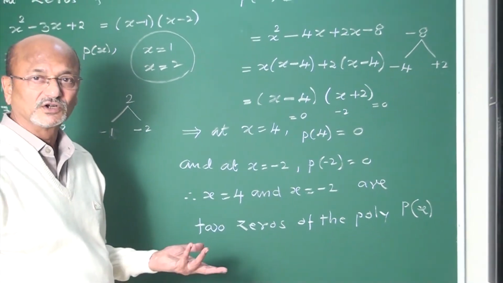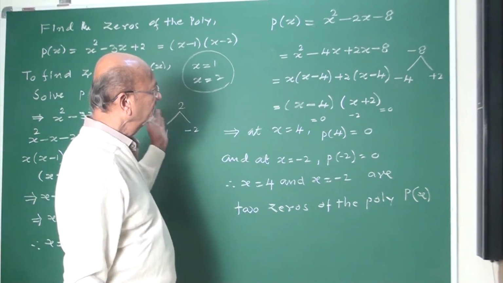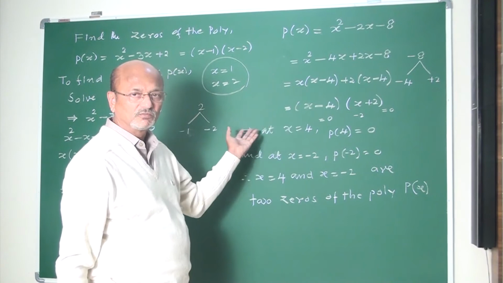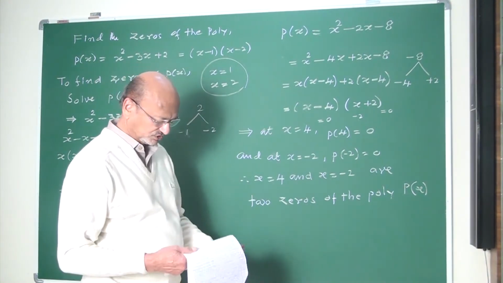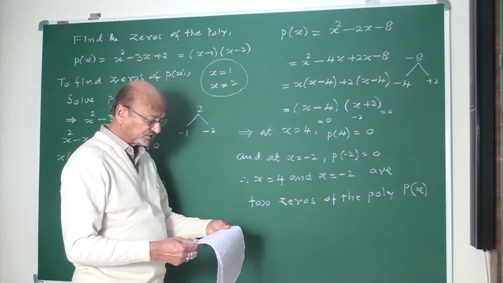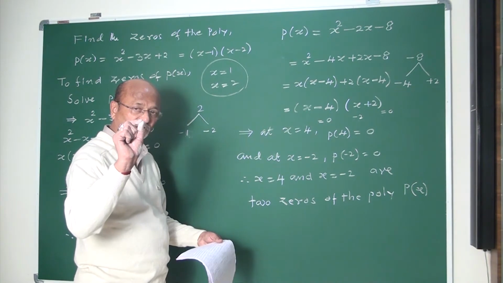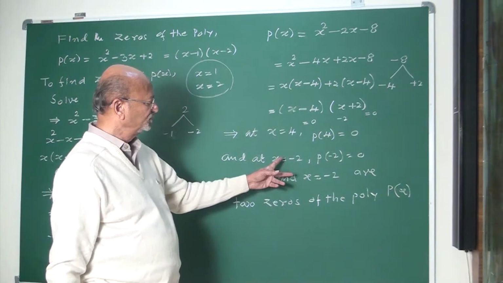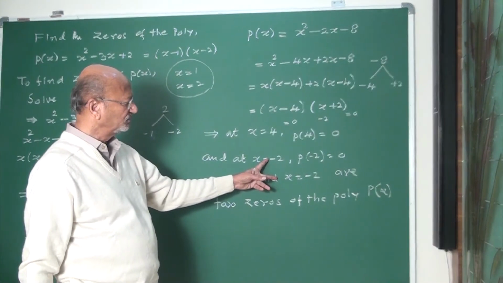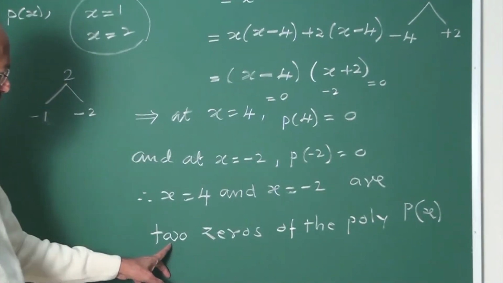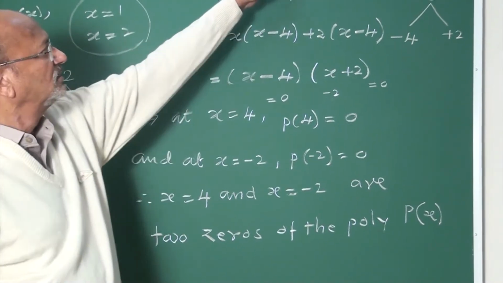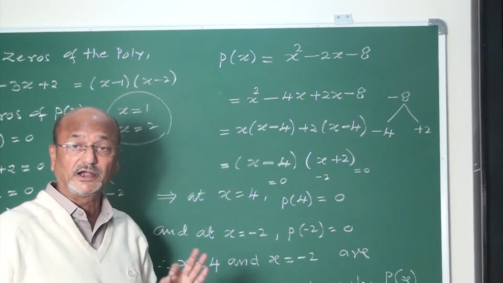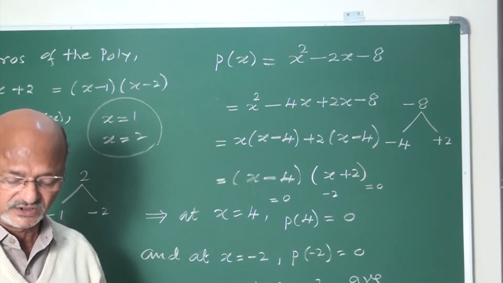Whichever method you like, please apply it. Once again, the number of zeros of a polynomial is at most equal to the degree of the polynomial, here at most 2, not more than 2. You must remember that.